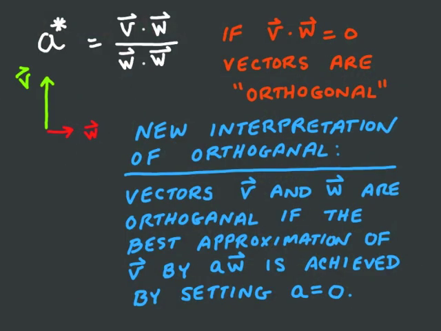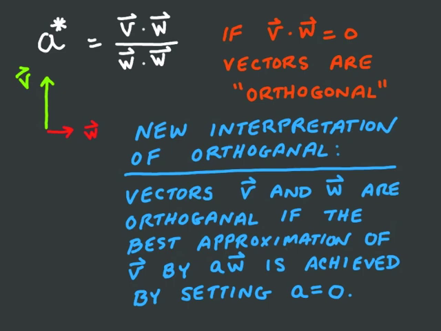This result gives us a very useful and new interpretation of the orthogonality condition. Vectors v and w are orthogonal if the best approximation of v by a times w is achieved by setting a equal to 0.